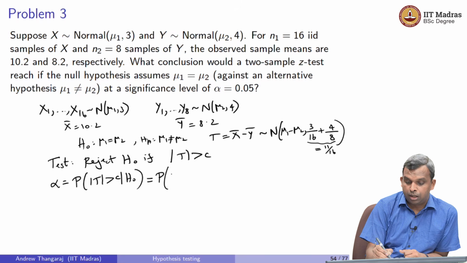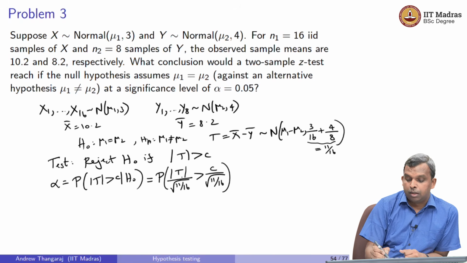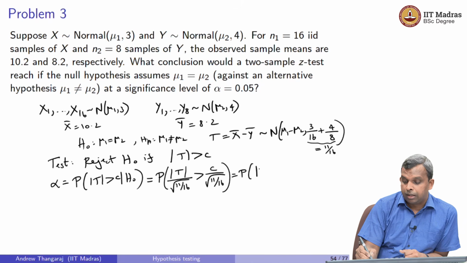So probability that mod t divided by square root 11 by 16 is greater than c by square root 11 by 16. So now this is normal 0, 1, so this is the probability that mod z, distributed as mod z, is greater than c by root 11 by 16.